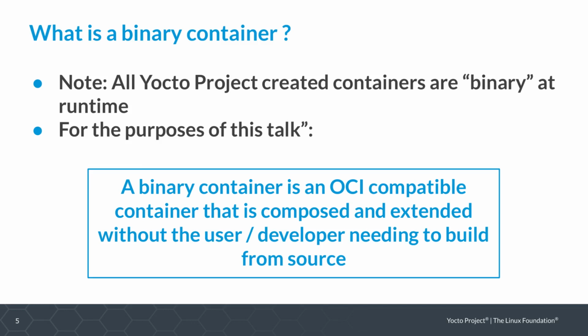For the purpose of this talk, a binary container is an OCI compatible container that is composed and extended without the developer needing to build from source. You can work with it, update it, and deploy it, and you may not even know that BitBake and OE Core and some sort of distro was backing that source. That is what I mean by binary container.